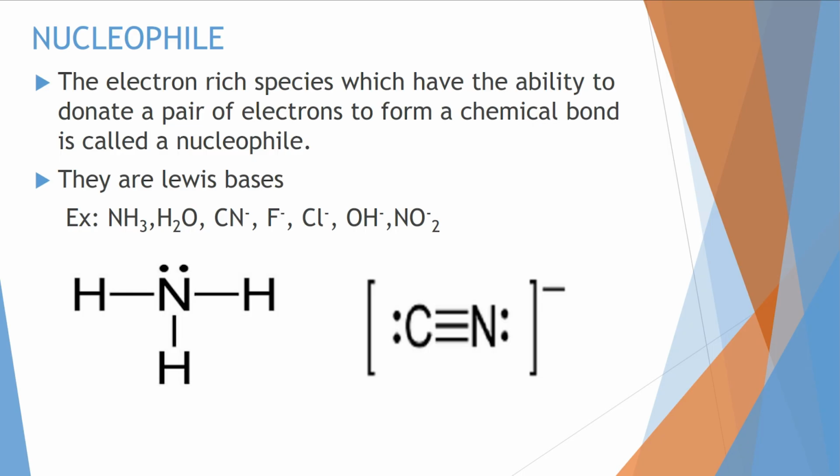So, nucleus is a positively charged species, all of us know it, and philic means loving. So, those species which may be neutral molecules or electron rich, or negatively charged species also, which have the tendency to donate a pair of electrons, are known as nucleophiles.